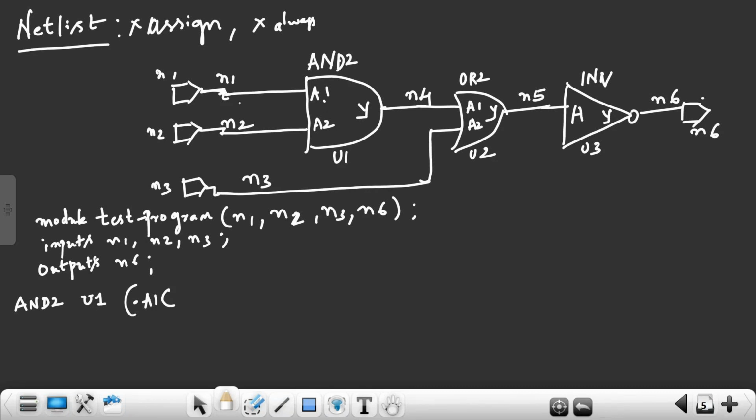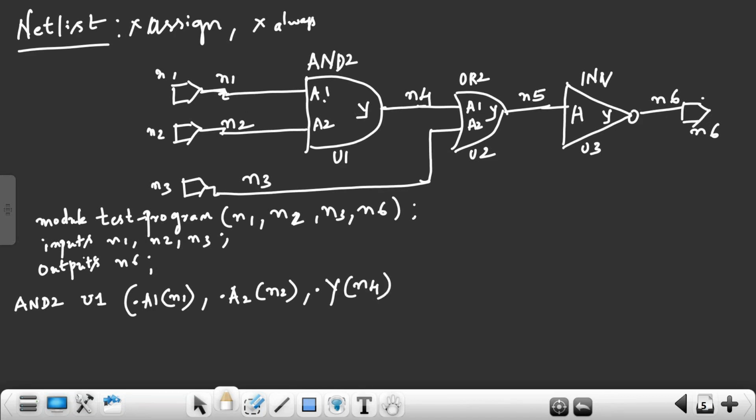A1 is connecting to N1. Comma. Then .A2, A2 is connecting to N2. Comma. The Y pin of your AND gate, .Y, is connecting to net N4.